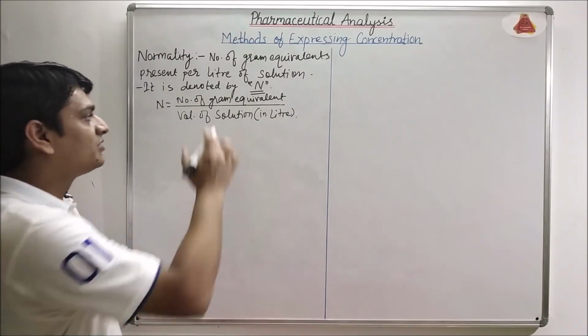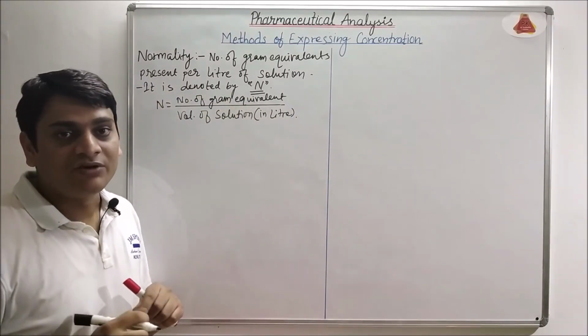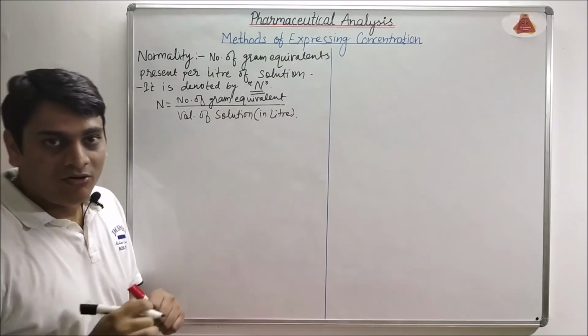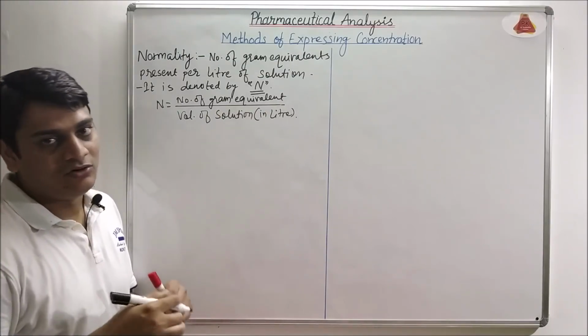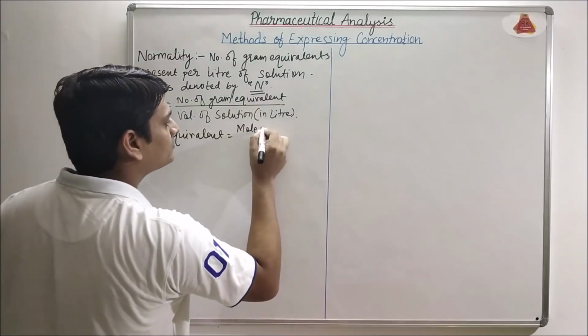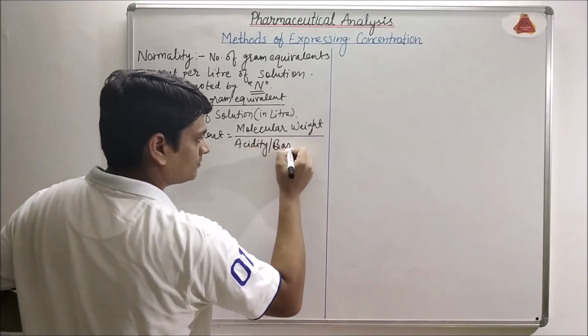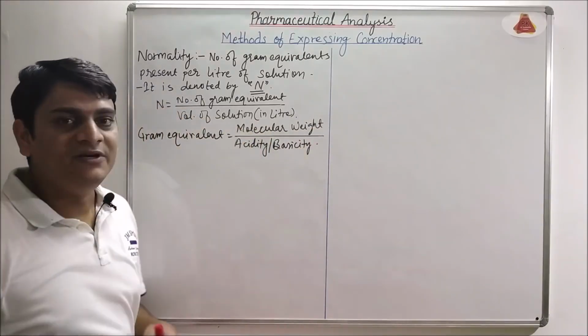Now coming to the term gram equivalent. So what is gram equivalent? Gram equivalent means molecular weight divided by acidity or basicity of the acid or base. So this is the definition of normality.